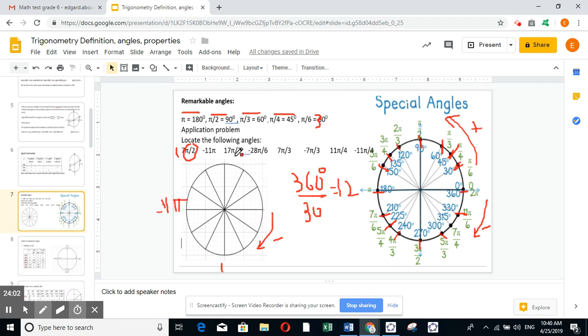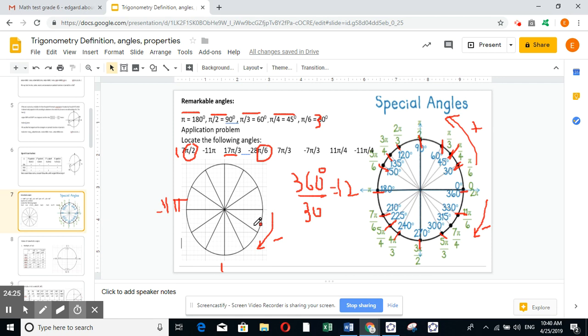Let me keep this for a while. I want minus 28 pi over 6. Pi over 6 is 30. How many 30s do I want? I want minus 28. Negative, I move backward. I know the circle is 12 30s. This is 30, 12 30s. Another 12, 24. Minus 24 remains minus 4.